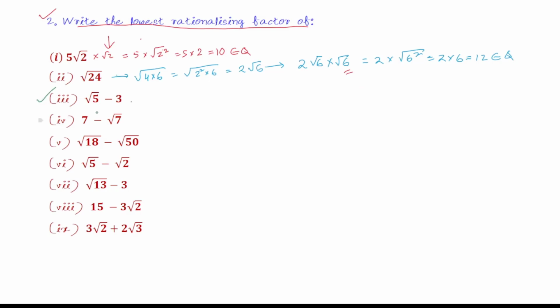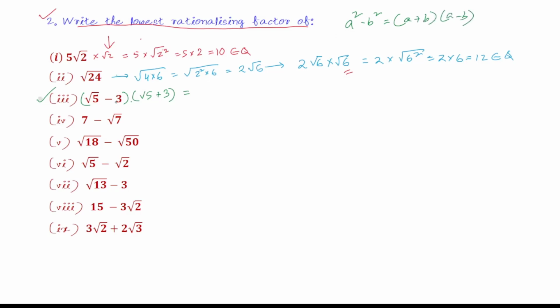Now root 5 minus 3. If we multiply this by root 5 plus 3, then we can apply the formula a squared minus b squared, which is equal to a plus b multiplied by a minus b.